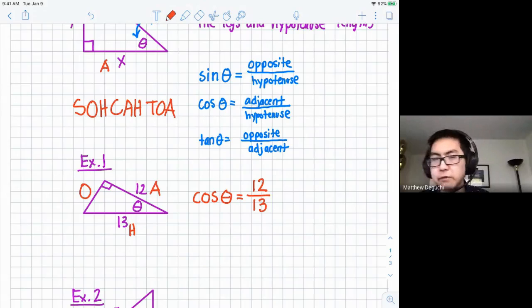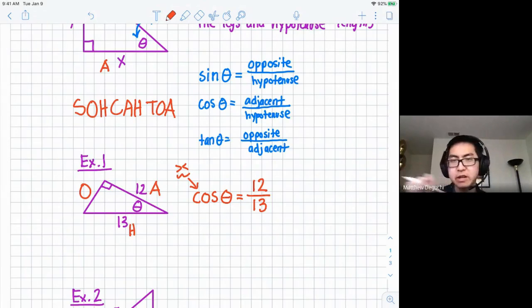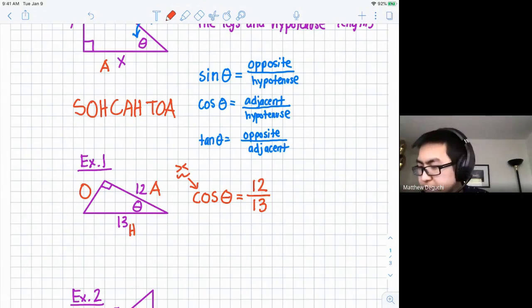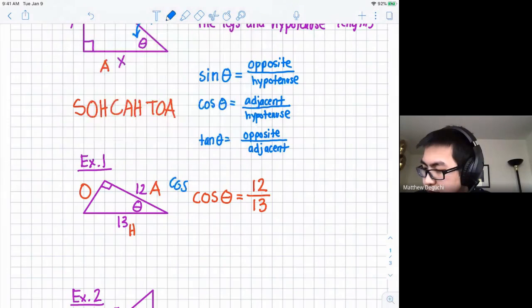Now we still have to calculate this, so we have to isolate that theta. That means that cosine word is in the way because we need to isolate that theta. So this is how you have to solve for this. You have to take cosine inverse of both sides.